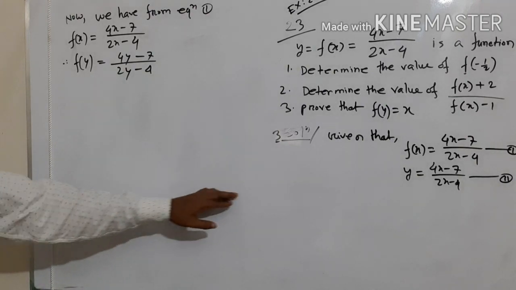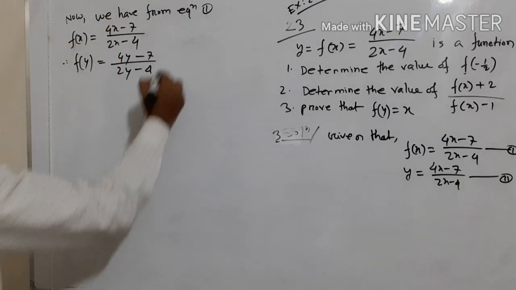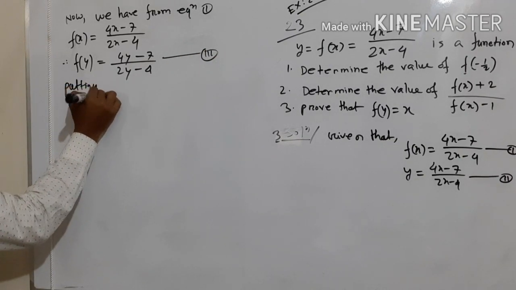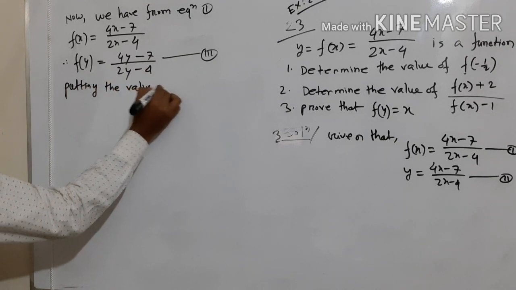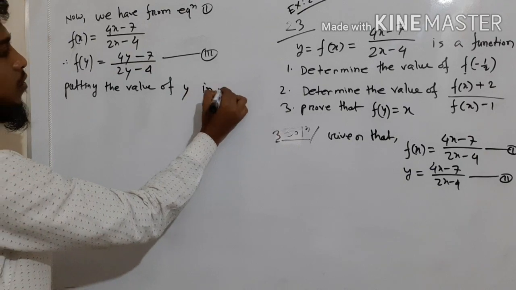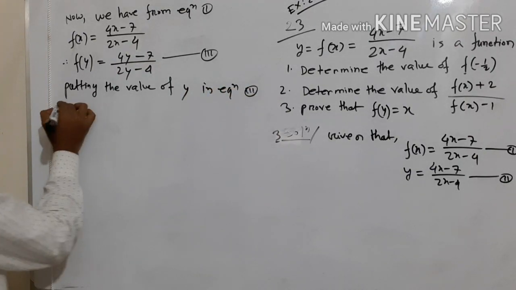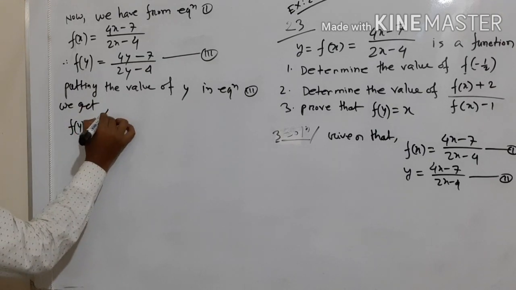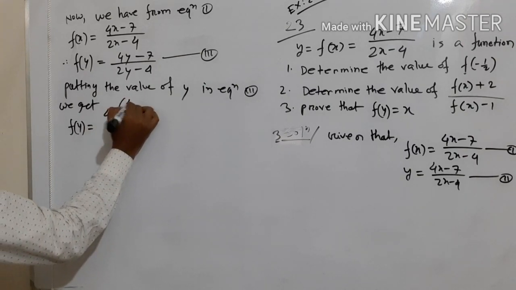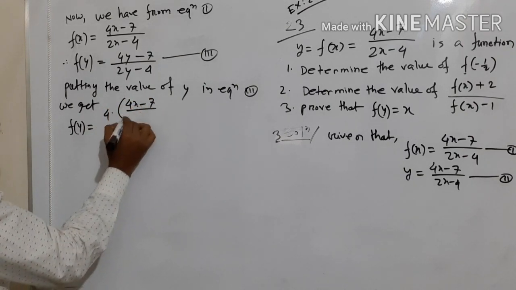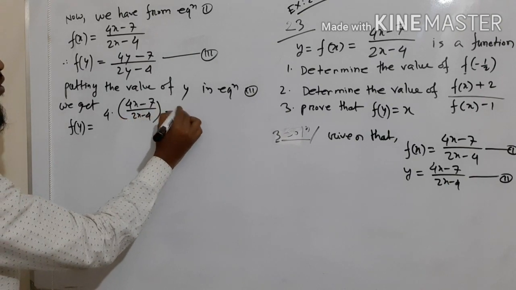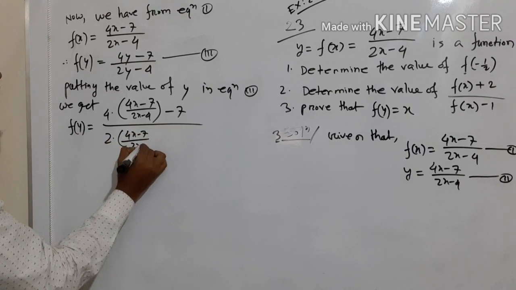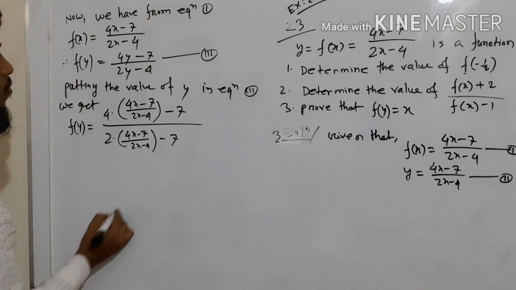Now, putting the value of y in equation 3 we get f of y equal to 4 into y value 4x minus 7 divided by 2x minus 4, minus 7, divided by 2 into 4x minus 7 divided by 2x minus 4, minus 4.